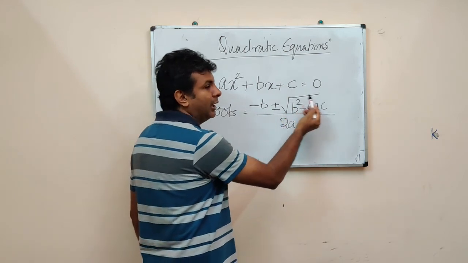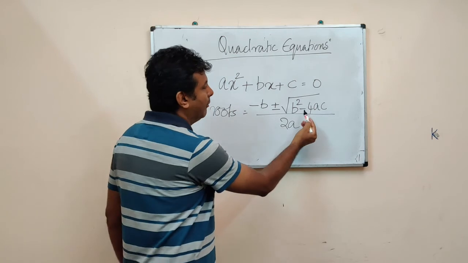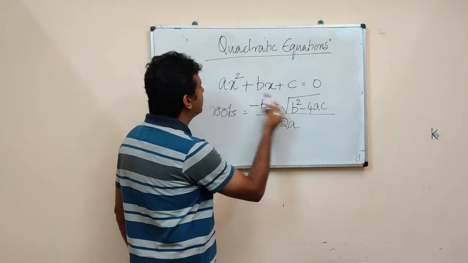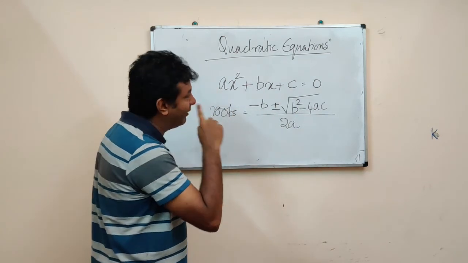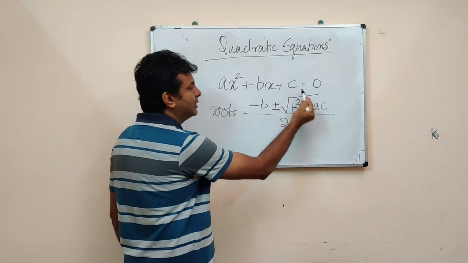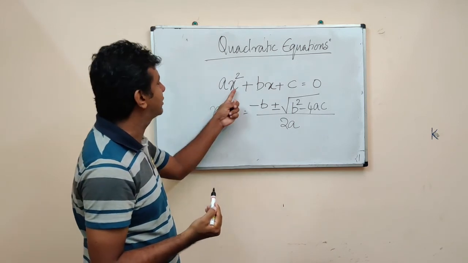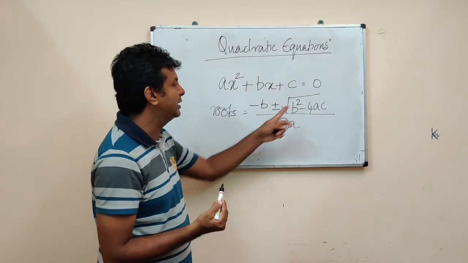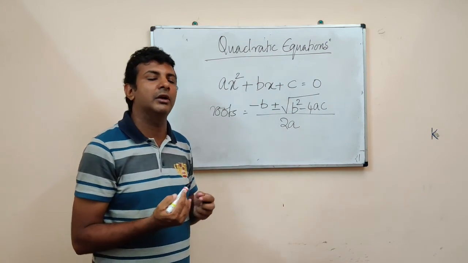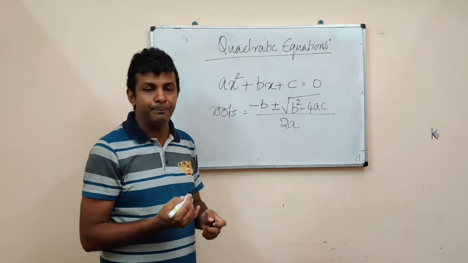Plus or minus square root of b square doesn't have a problem, because b square is anyway going to be positive. Minus 4 into a into c. If the value of a is negative, it will be negative here. C also follows the same pattern. A is the coefficient of x square, and c is the constant in that equation.